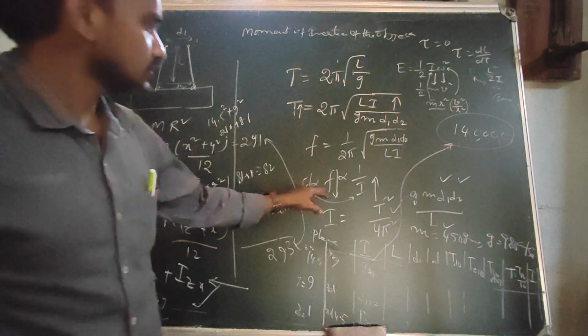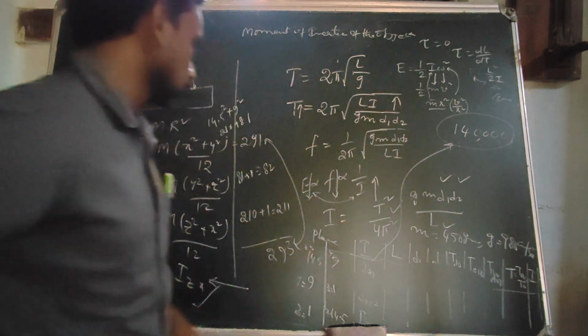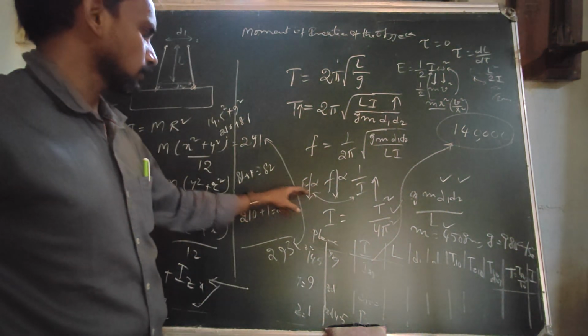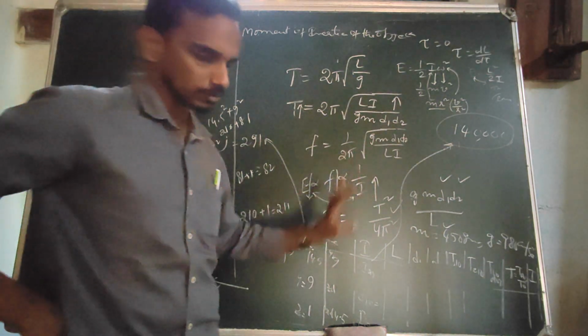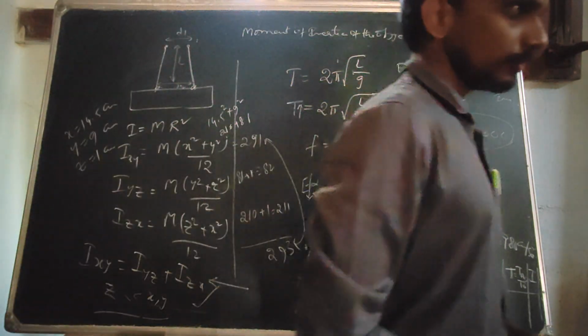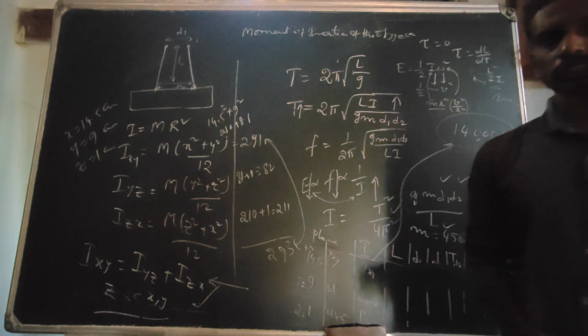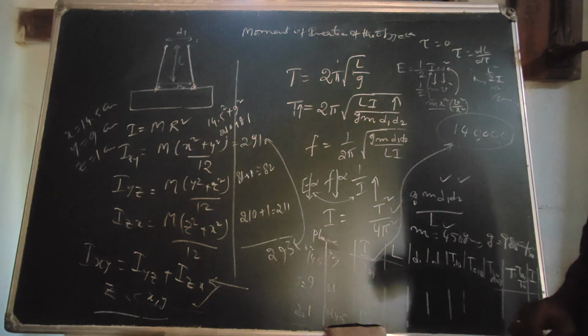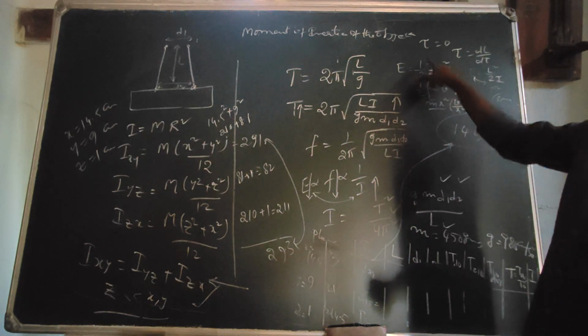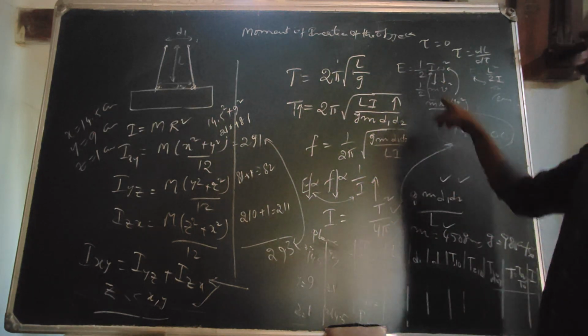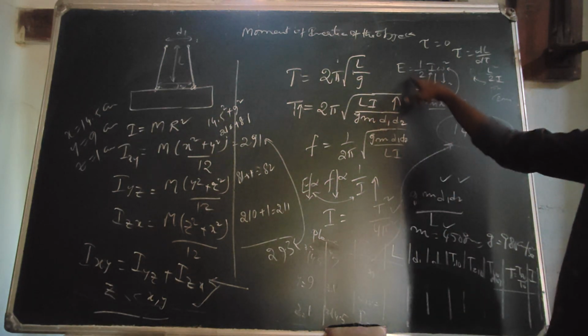So in other words, frequency is inversely proportional to moment of inertia, or I can say energy is inversely proportional to moment of inertia. But we have 2 equations that relate rotational energy with moment of inertia. One is this, half I omega square, which is equivalent to rotational kinetic energy.